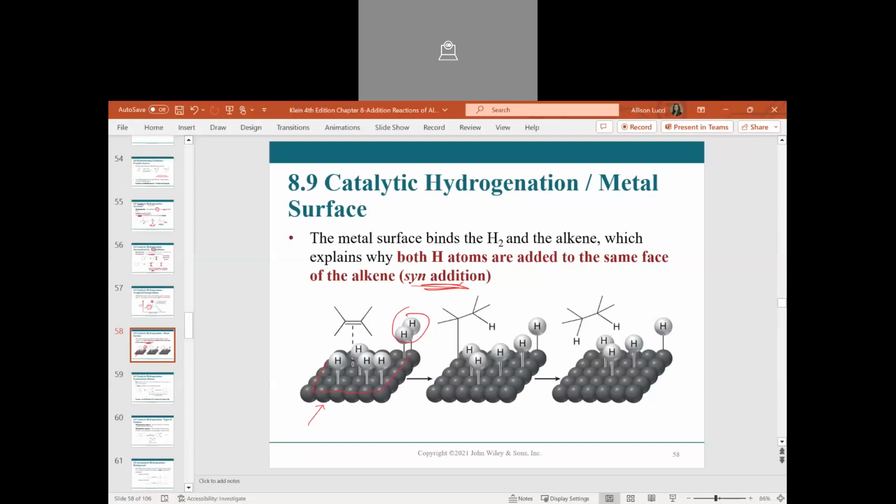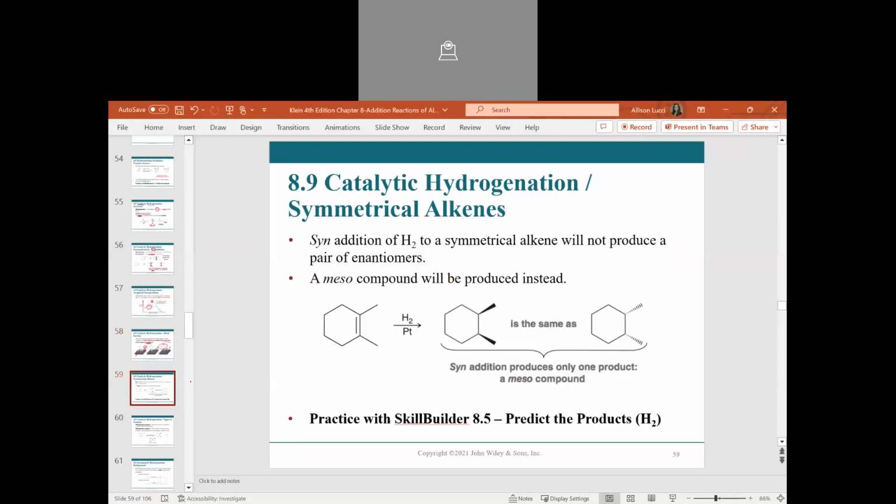They're added to the same face just because of their binding to the metal surface prior to the addition. So we still get syn addition, we still get an alkane at the end. I'm sorry, we didn't get an alkane last time, but now we get an alkane because we're doing our hydrogenation, but it is still syn addition.